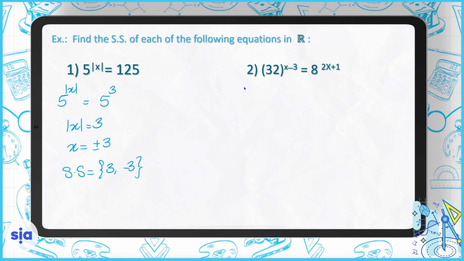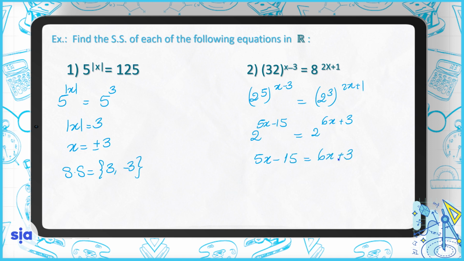For question 2, the 32 is 2 to the power of 5. And the 8 is 2 to the power of 3. So it's 2 to the power of 5x minus 15 equals 2 to the power of 6x plus 3. If the base is equal to the base, then the power is equal to the power.